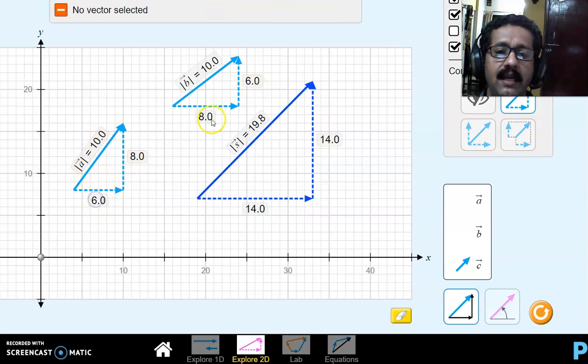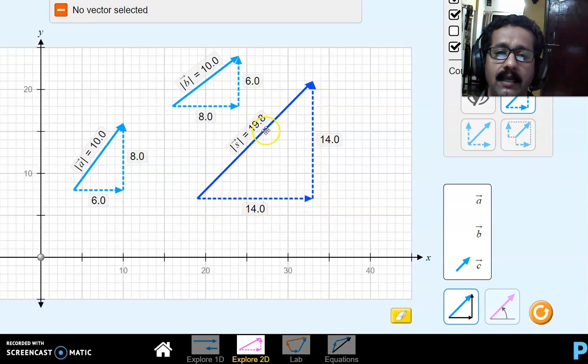So 6i plus 8i is 14i cap, and the y components also get added: 8j cap plus 6j cap, so 8 plus 6 is 14. Your resultant vector, shown in this blue vector, in terms of vectors is 14i cap plus 14j cap.